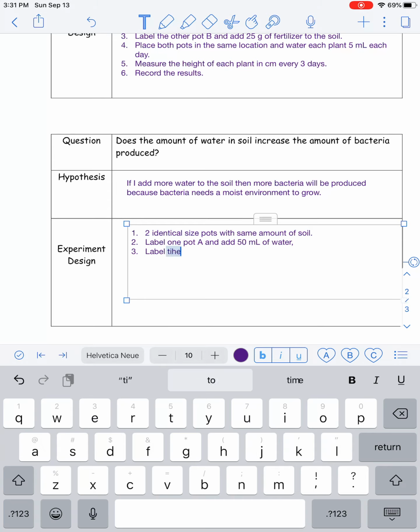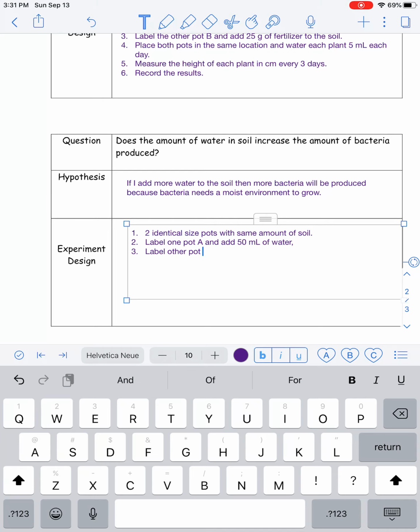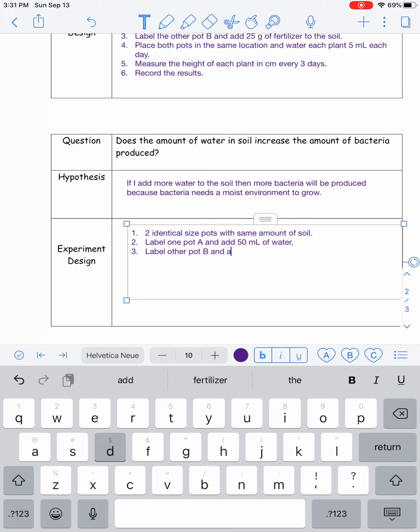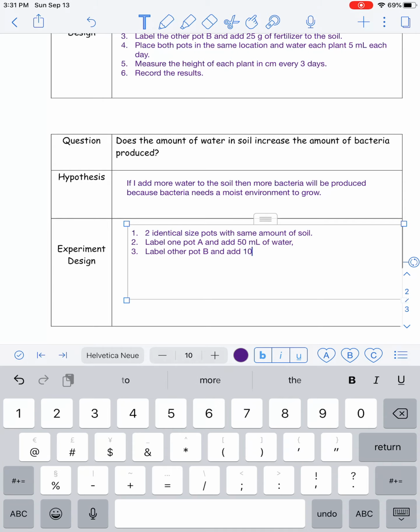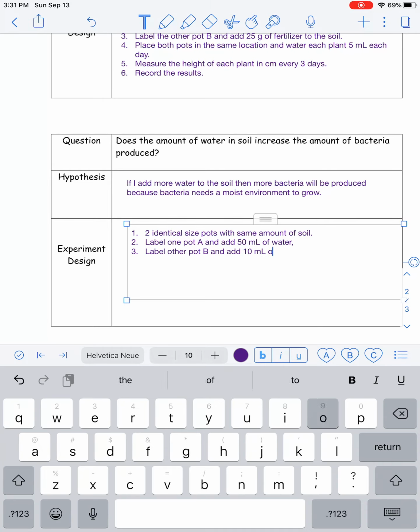Label the other pot B and add 10 milliliters of water. Okay, so those amounts that you would be adding would be something that you would need to research and determine. I'm just arbitrarily coming up with these particular numbers.